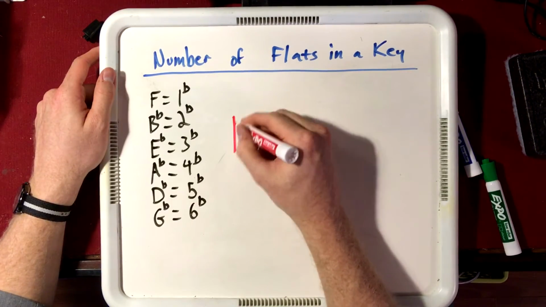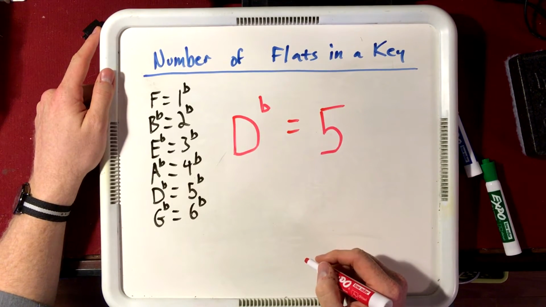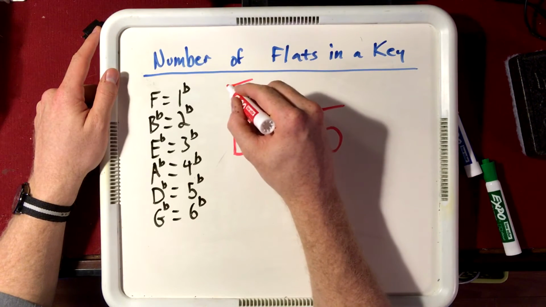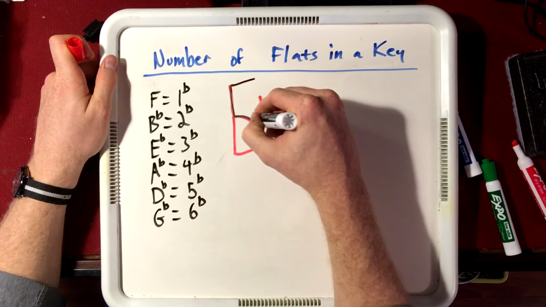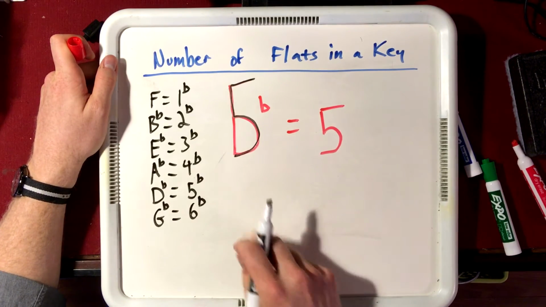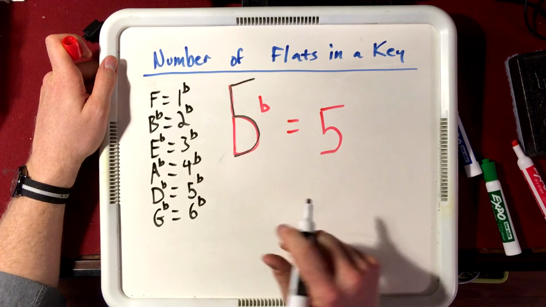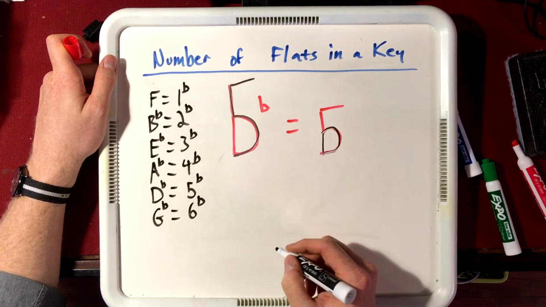D flat has 5 flats. Okay, now watch this. If I were to draw a 5 here, oops, let me use my black marker. The 5 right here kind of makes this bottom part of D. Now I admit this one is kind of a stretch, but you can kind of see that that is a D right there.